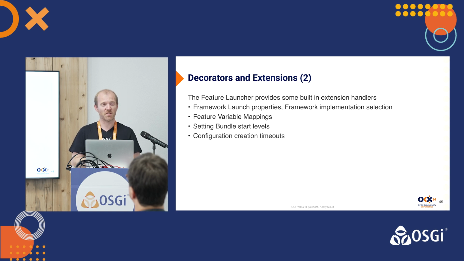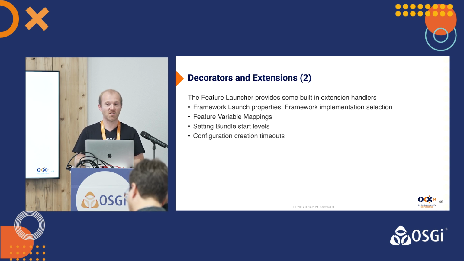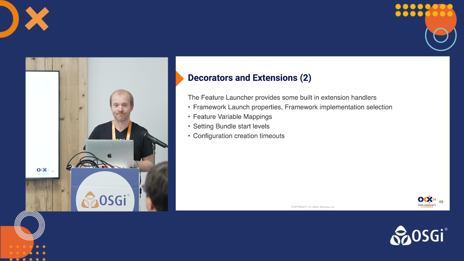Or perhaps you want to install a feature and then have the target framework start level set so that only part of the feature is actually started at the point that the feature is finally installed, and you leave the rest for the management agent to, at some point later, decide that it's time to complete the start of all of the bundles in the framework.